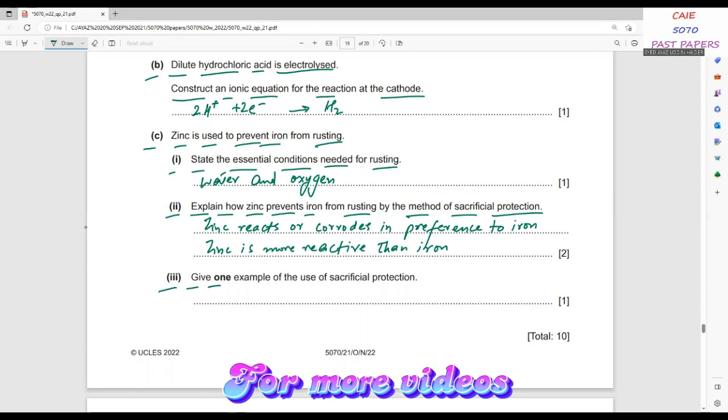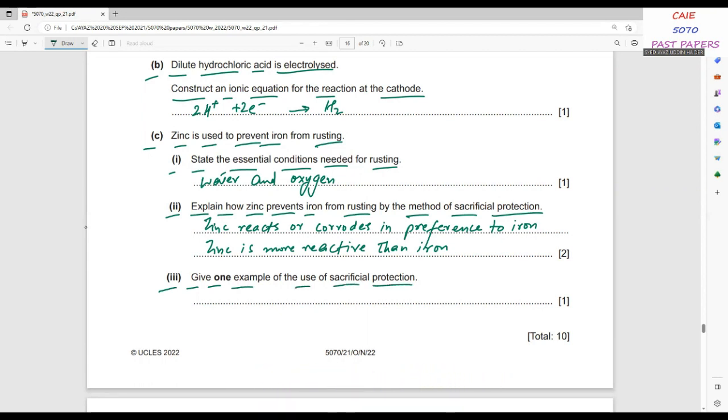Number three, give one example of the use of sacrificial protection. They are asking about the uses or application of sacrificial protection. Underground pipes will be stopped from corrosion. So you can write stops underground pipes from corrosion.